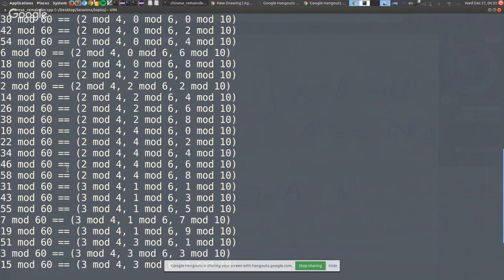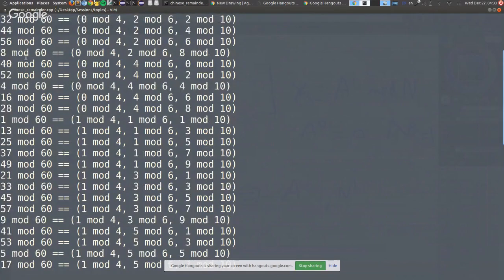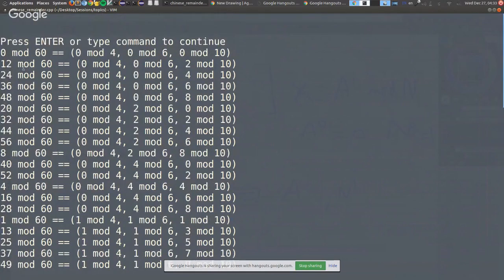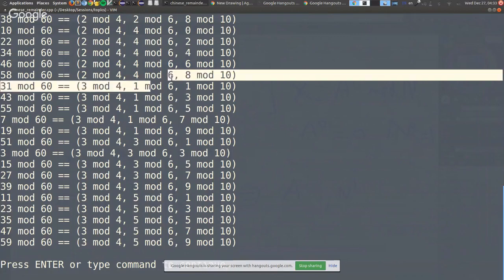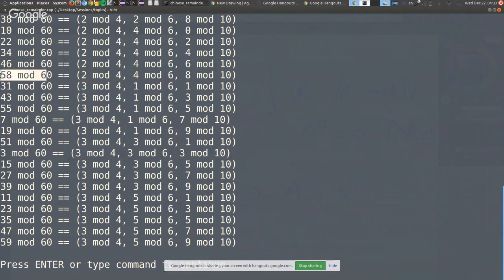We find all the numbers. So yeah, that's it. So this is basically the correspondence: we have all the triples from here, we can get to here, or the opposite. We have here, we can get to here easily. So that's it for the Chinese remainder theorem.